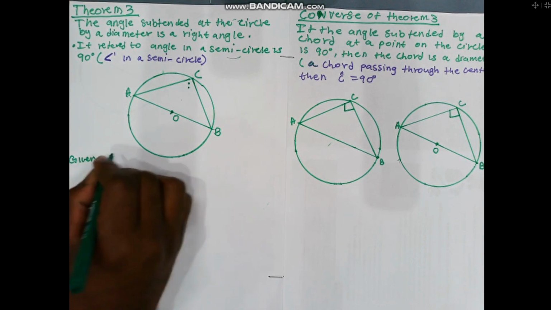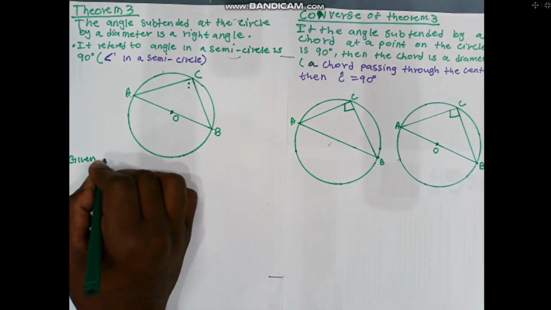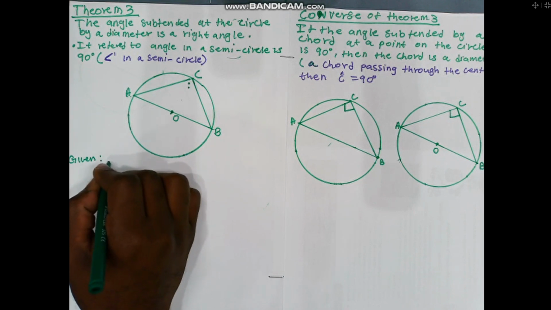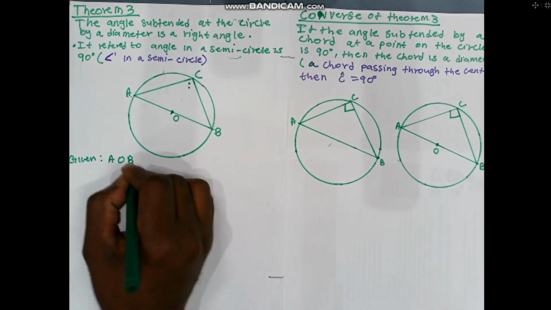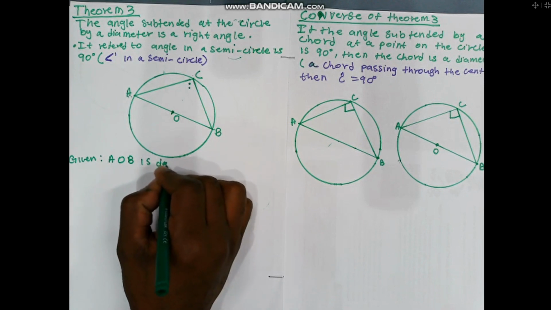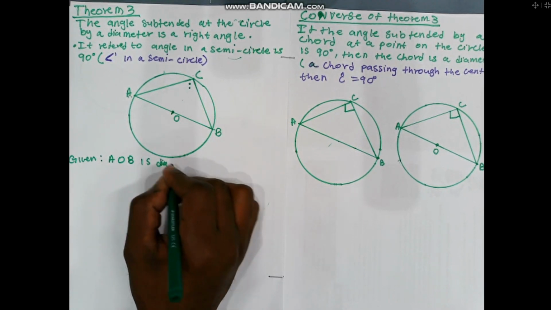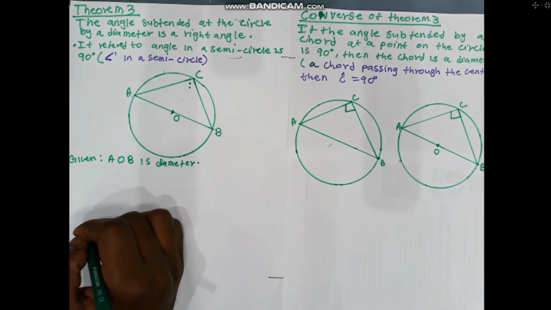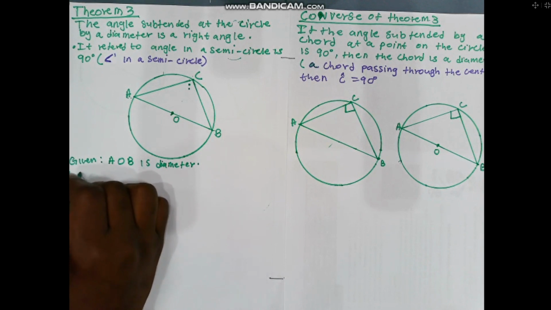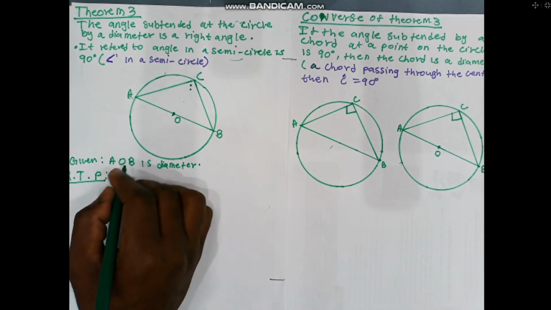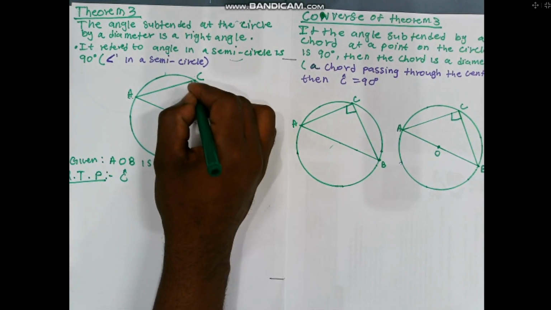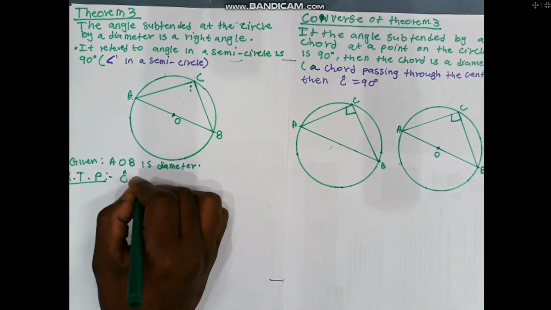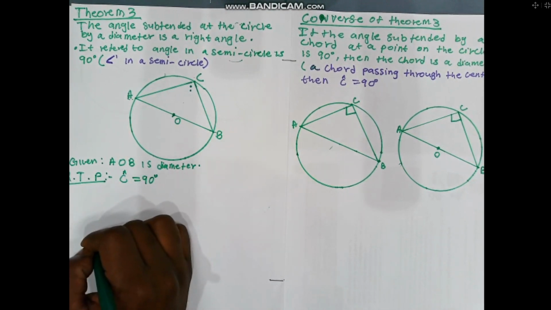It's given that AOB is a diameter, and what is required to prove is that angle C, which is this angle here, equals 90 degrees. That is what is required to prove.